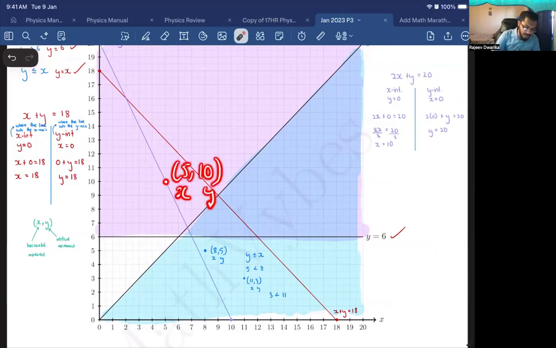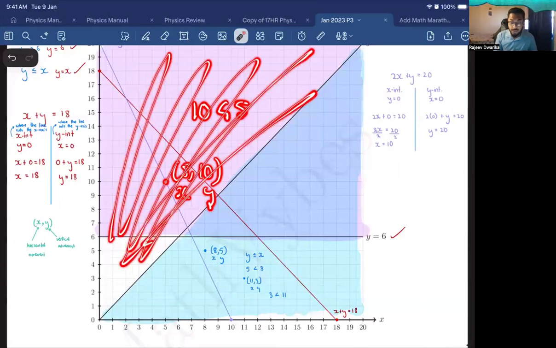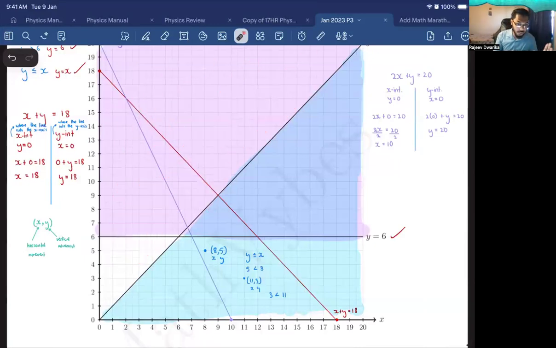Remember, our inequality is y has to be less than x. So if y is 10 and x is 5, would you say 10 is less than 5? No, sir. So it wouldn't work, and if I take any points over here, it will not work. Do you understand the concept?